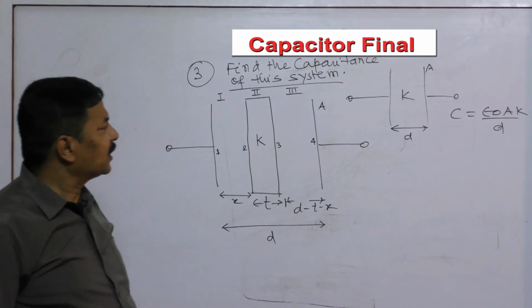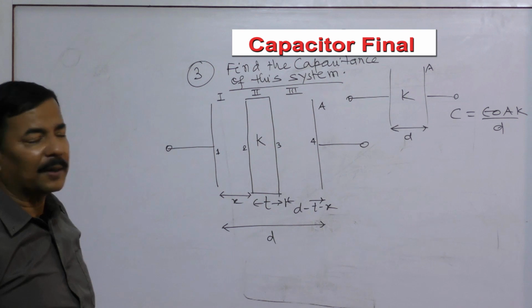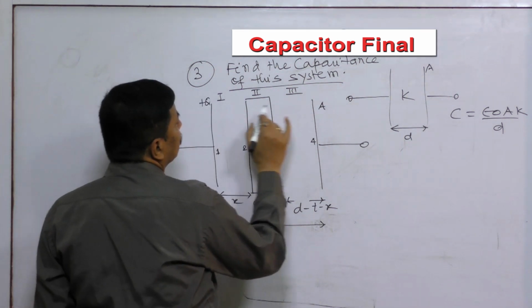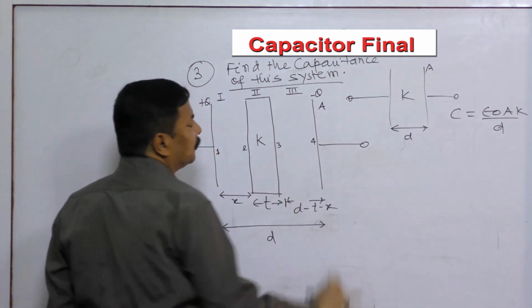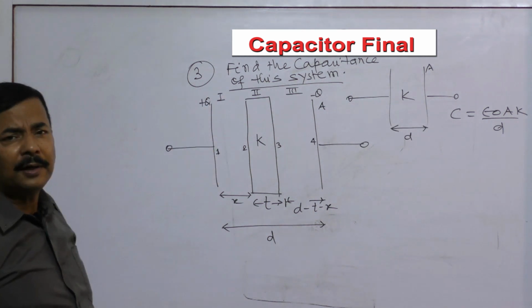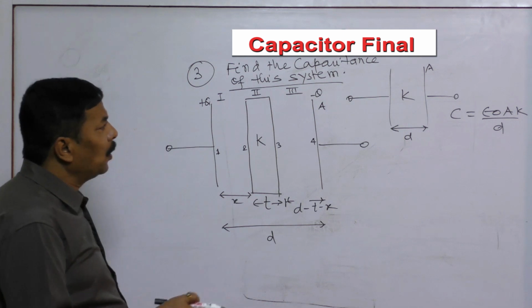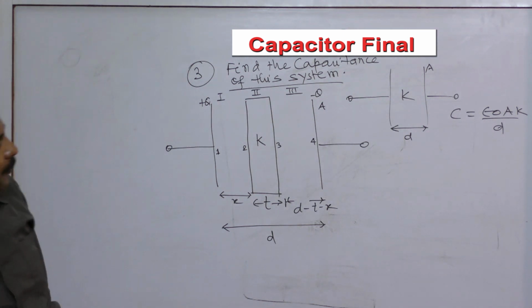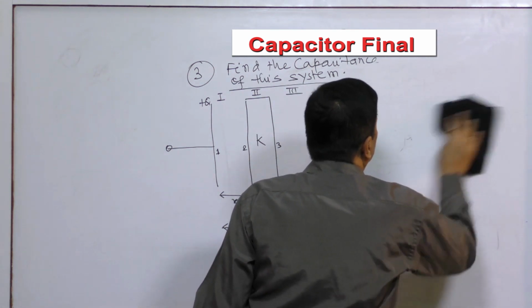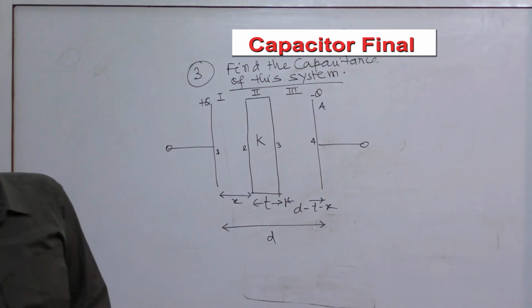Here the charge plus Q is given and here the charge minus Q. So the first step is to give the charge. Then the second step is to find the electric field, and there are three regions, so we will find the electric field in three regions.